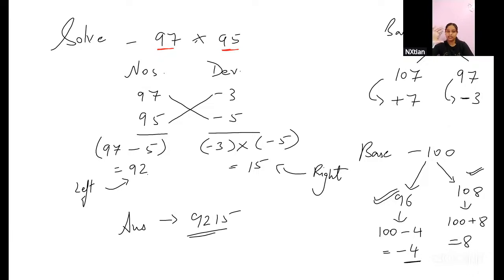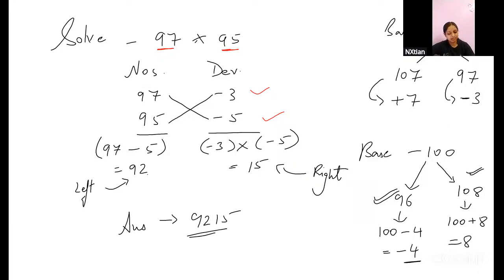The base is 100, and the number I have is 97. 97 is also close to 100, so the base will be 100 only. But from 100, I will subtract 97. What do I have? 3. But I will put that 3 in minus, because the number is smaller than the base. So we have taken negative 3 and negative 5. Subtract 97 from 100.